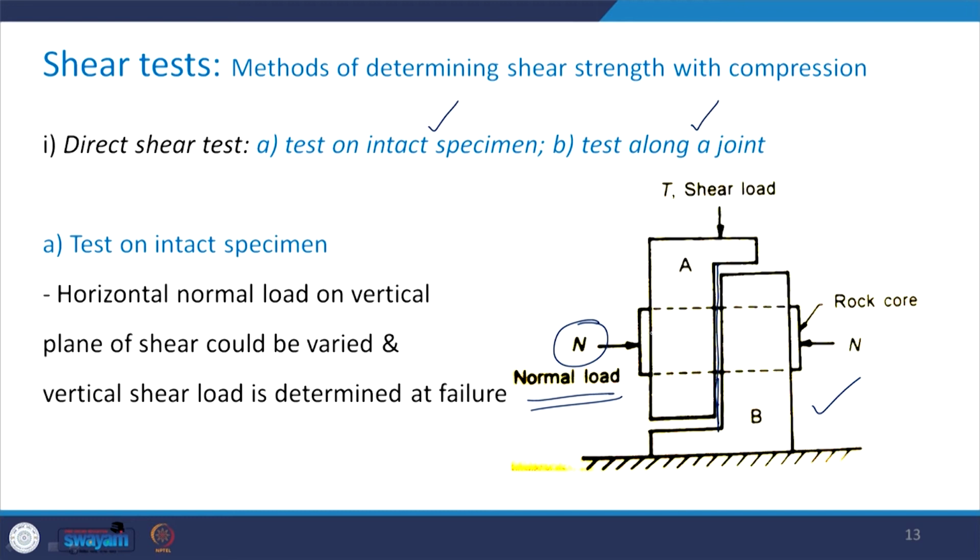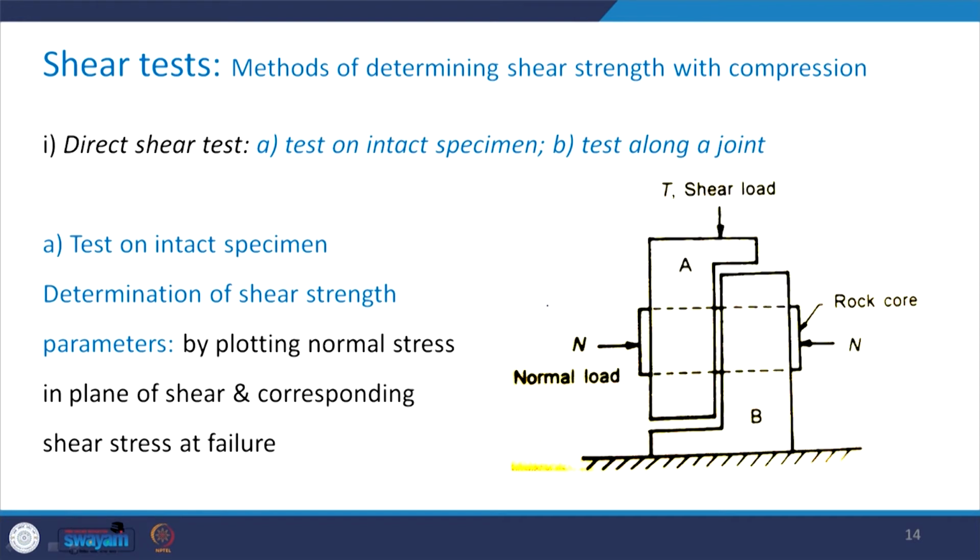Vertical shear load is determined at the failure. You know what the shearing area is, and at failure, if you divide the shear load and the normal load by the shearing area, you are going to get the shear stress and the normal stress respectively.